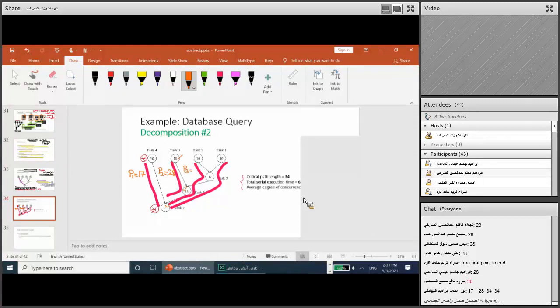What is the execution time of path 3? 10, 6, 11, 7 is 34.